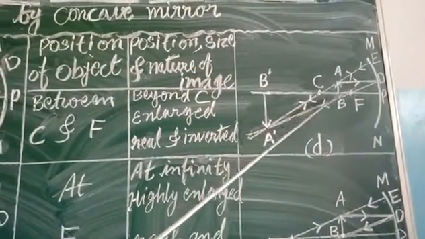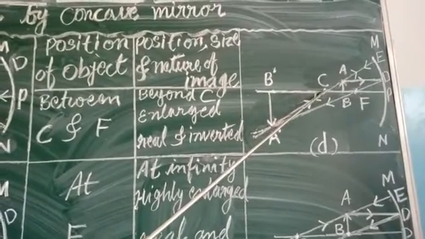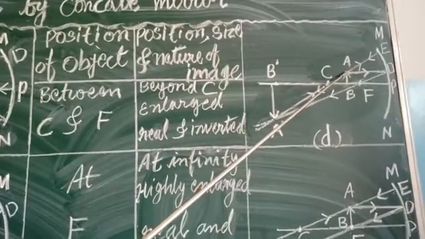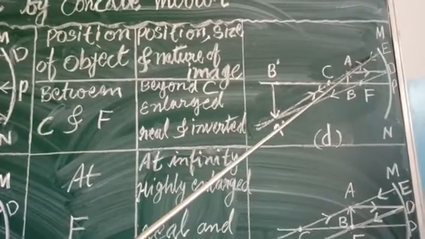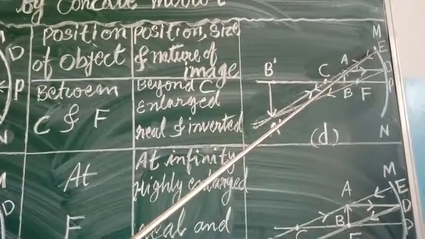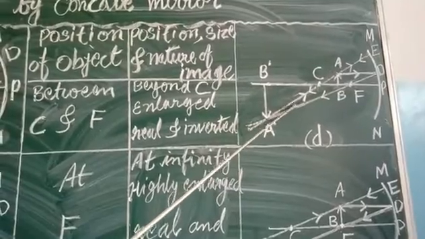In the same way, another ray of light which passes through the center of curvature touches the top point of the object, strikes the surface of the concave mirror and is reflected back along the same path.